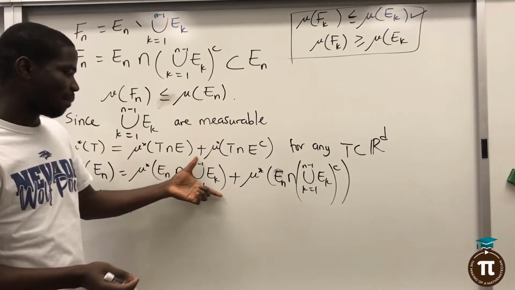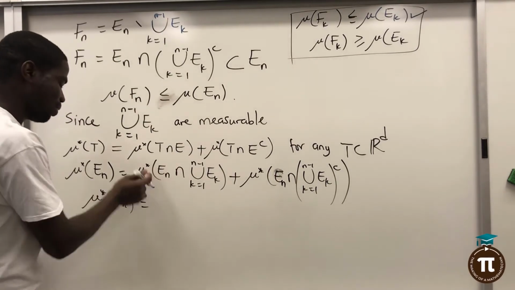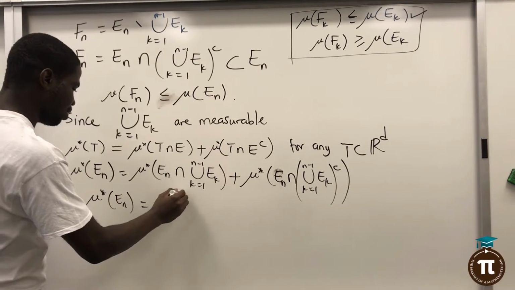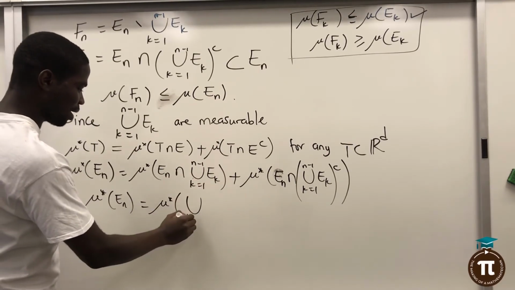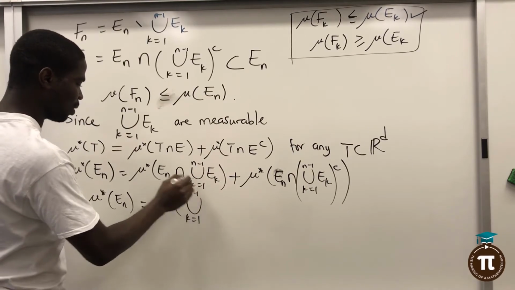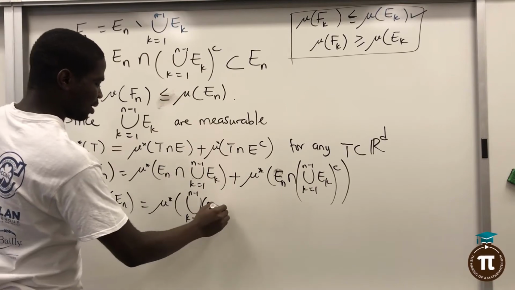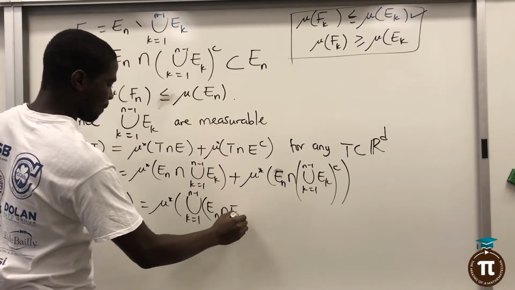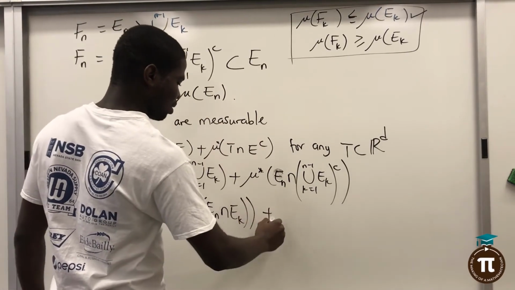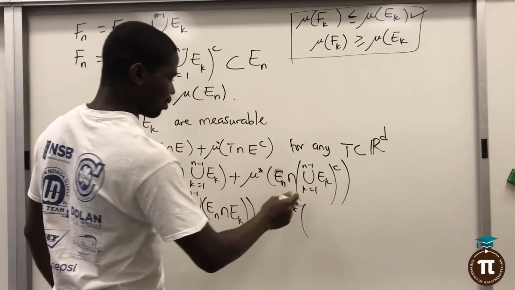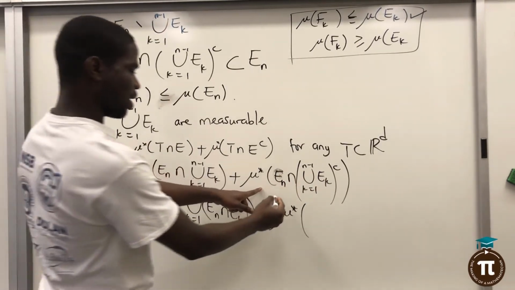Now, what can we say about this? Really, we can't say too much about this, but we know this is equal to the outer measure of, I can bring out this union to have this big union, k from 1 to n minus 1, so that I have E_n intersection E_k. That is the first one I have here, plus the outer measure. In this case, what do you notice here?